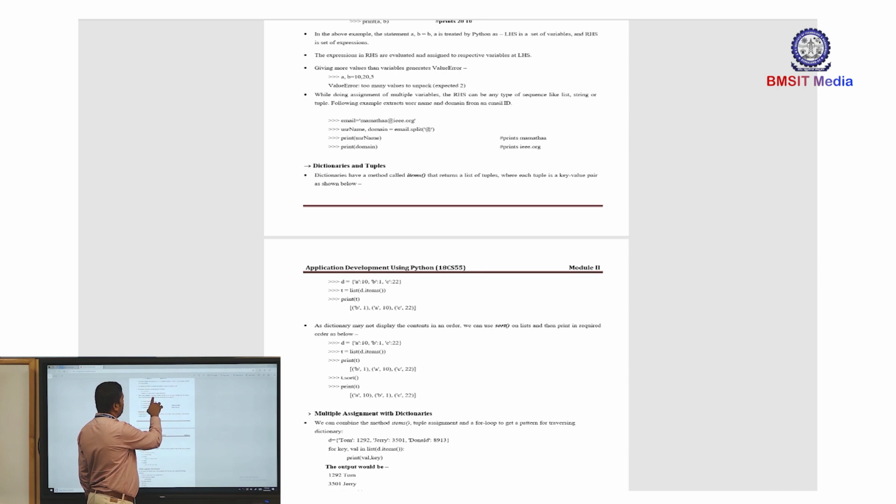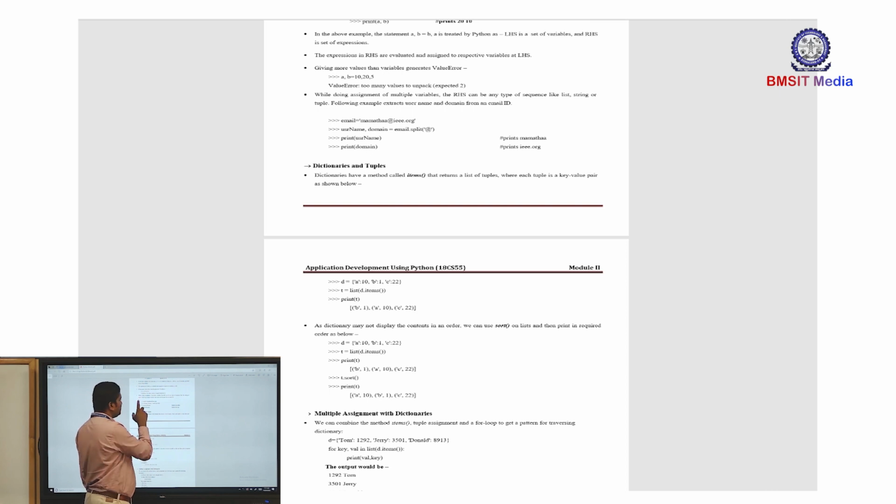Now whenever you assign multiple variables, the RHS can be of any type. It can be a list, string or tuple. Just observe here. I have taken one example to explain this. So email is equal to some email ID, mamata@ieee.org, whatever it is, and you store it in a variable called email. Now if I say username, domain = email.split, I am using the split function on this particular string.